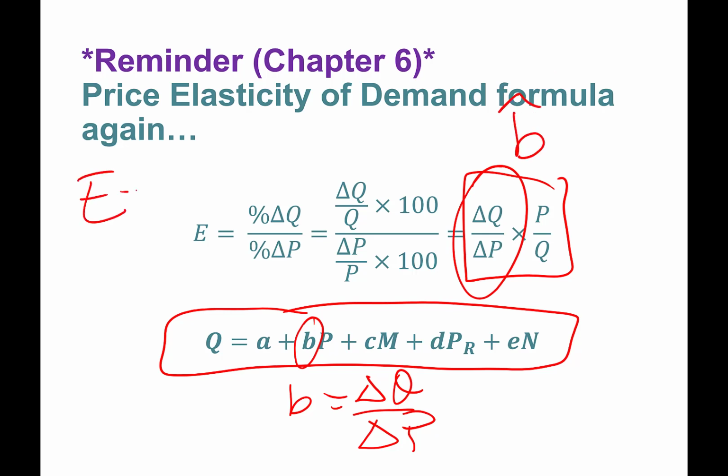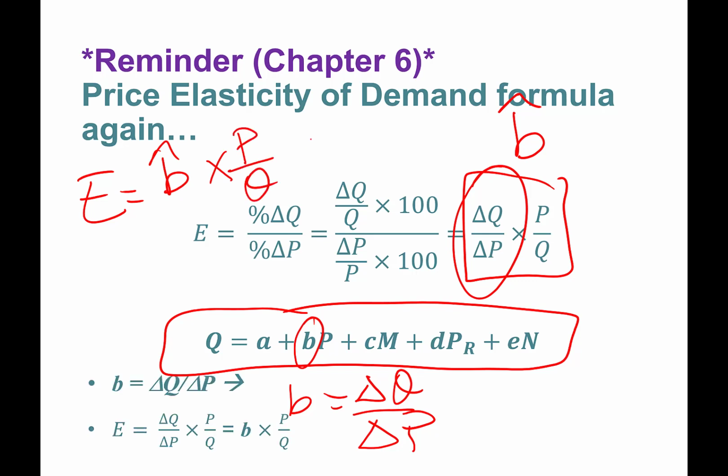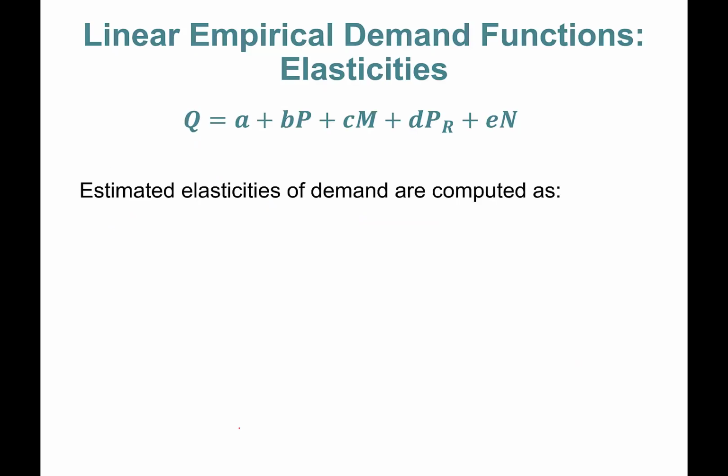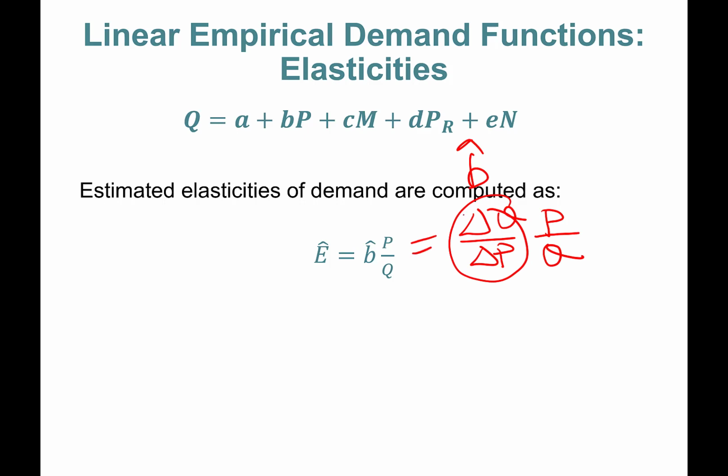So price elasticity of demand is going to be the coefficient estimate of the own price, right, times the price and quantity ratio. Okay, so that's exactly what we said. Estimated elasticities of demand computed as estimated price elasticity of demand, right? Delta Q over delta P, that was the formula, times P divided by Q. This is B hat.